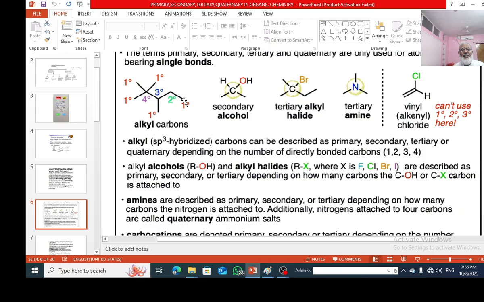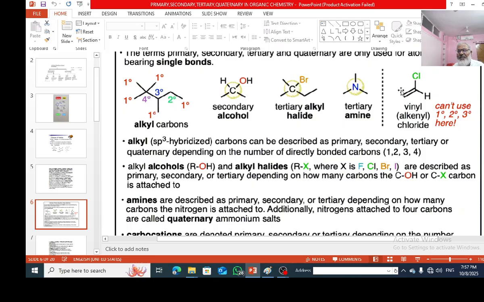Here, look into this. This carbon is bonded to this carbon and this carbon. So the total number of carbon atoms around this particular carbon atom is 3. That's why this is known as tertiary alkyl halide. And this is a tertiary amine, because this nitrogen is bonded to 3 carbons on either side. This is the tertiary amine.